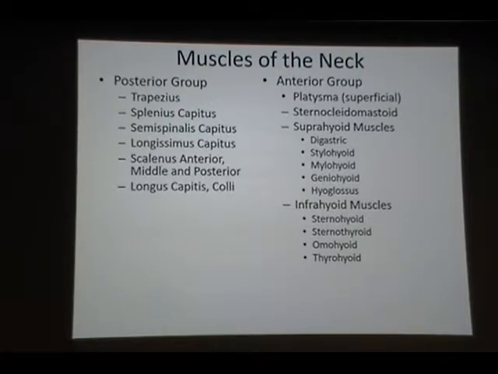So this is the splenius capitis, and then deep to this is a muscle that comes off partly from the spines of the cervical vertebrae, but partly from the transverse processes. So it's called semispinalis capitis. It goes to the lower portion of the bump in the skull called the inferior nuchal line. Alongside this, there is another muscle, a little more lateral, that comes to the back of the mastoid process of the temporal bone.